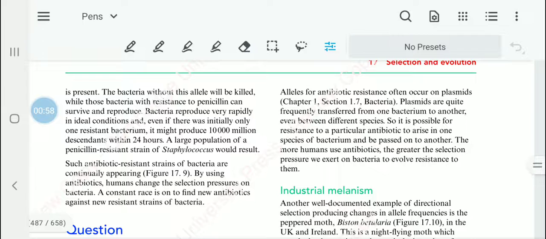So as a result, antibiotic resistance that develops in one bacterium can be transferred to another bacterium as well. Write down a small note on this.